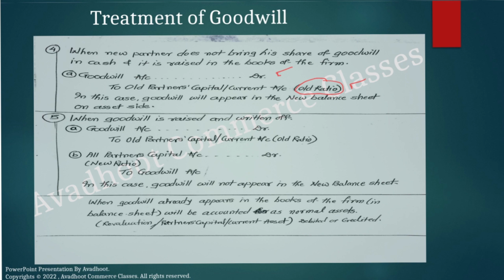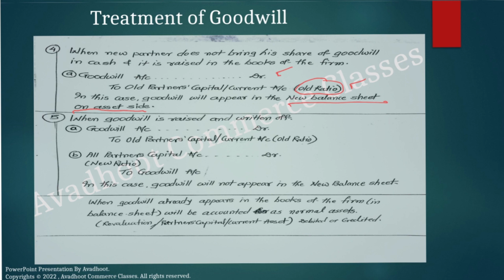When you raise the goodwill, in this case, the goodwill will appear in the new balance sheet on the asset side. When the new partner doesn't bring the share of goodwill in cash, but it is raised in the books of the firm, there is only one entry: goodwill account debit to old partners' capital or current account in their old ratio, and the goodwill will appear on the asset side of the new balance sheet.